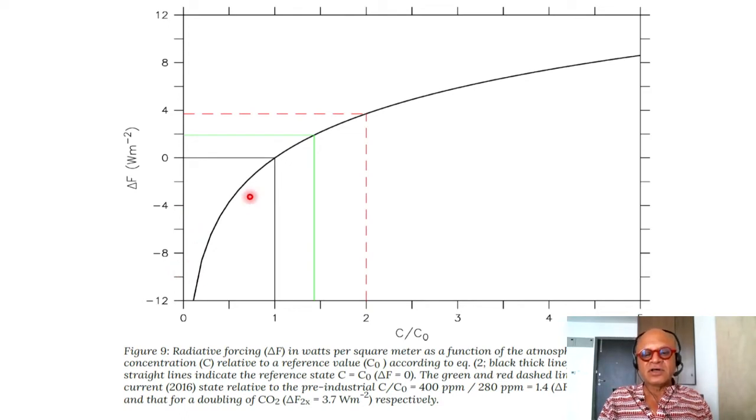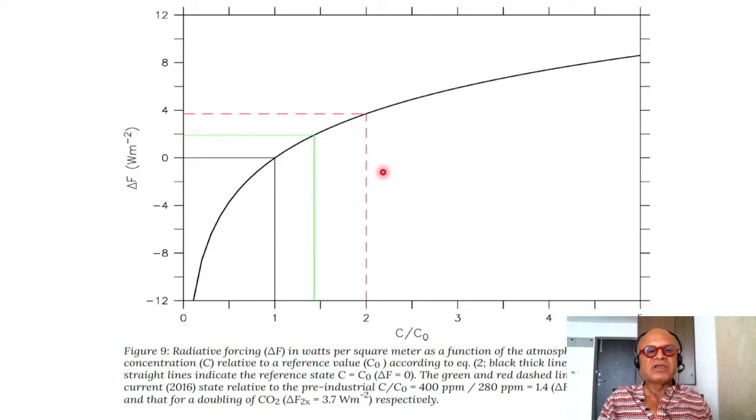But as carbon dioxide increases, here green and red dashed lines indicate the current 2016 state relative to pre-industrial C or C0 of 400 ppm divided by 280 ppm, which is 1.4, or a delta F of 1.9 watts per meter squared.